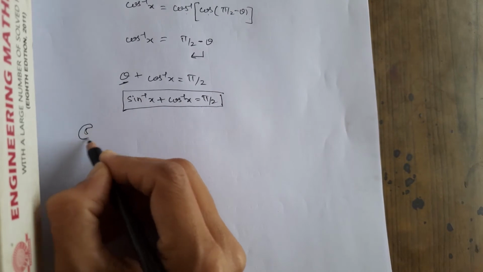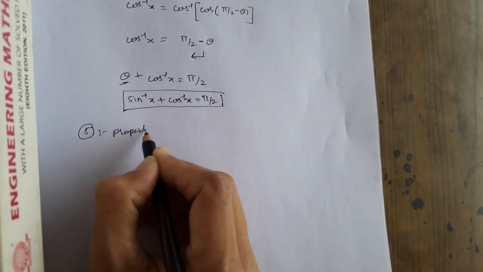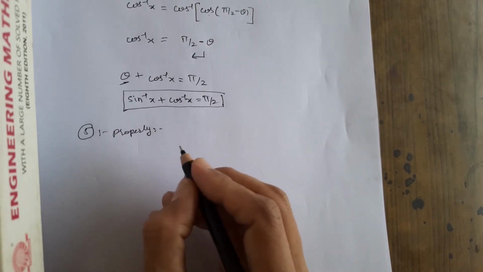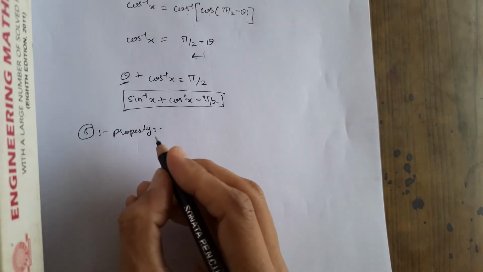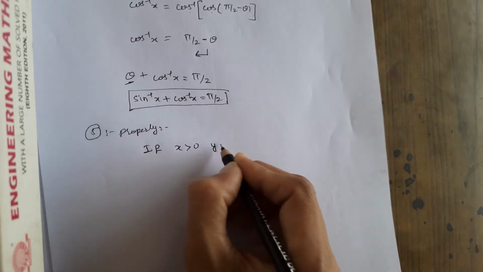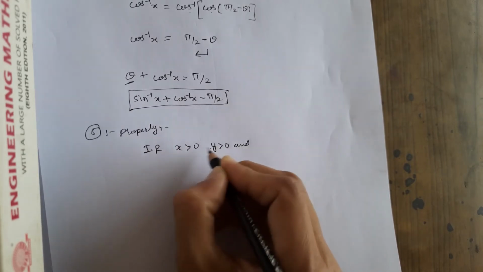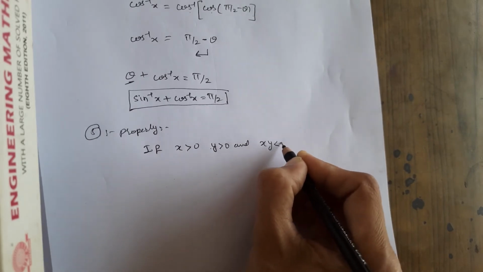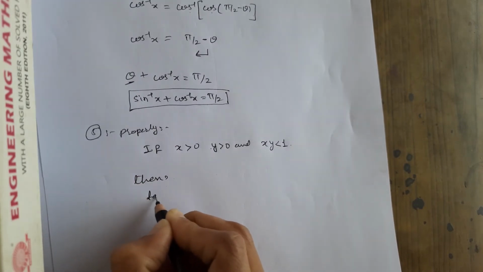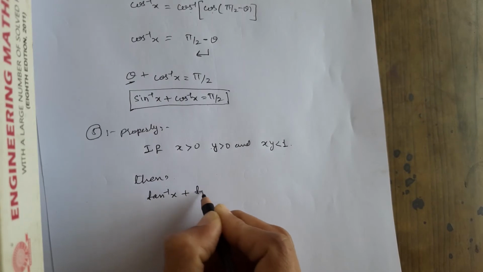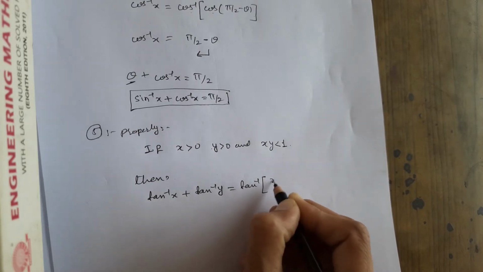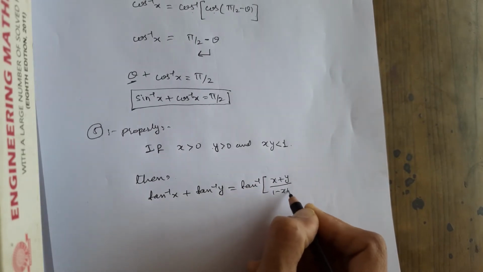Now one more, the fifth property that I want you to discuss, is related to tan. There are two conditions for the tan property. The first one: if x is positive, y is positive, and the product of x into y is less than 1, then tan inverse x plus tan inverse y equal to tan inverse of x plus y upon 1 minus xy.